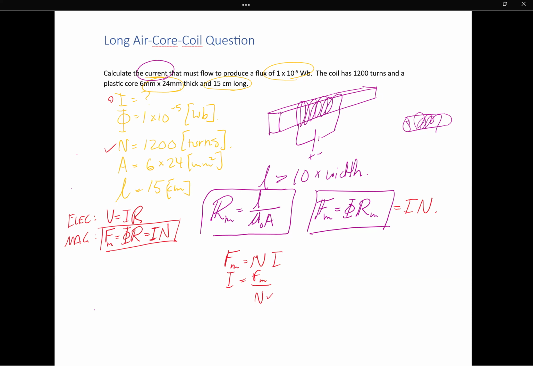Well, Fm is equal to my flux times my reluctance. I know flux because it's given here, and I know N because it's given here. What is my Rm? Well, my reluctance is here, so I can just substitute that equation in, that purple equation.